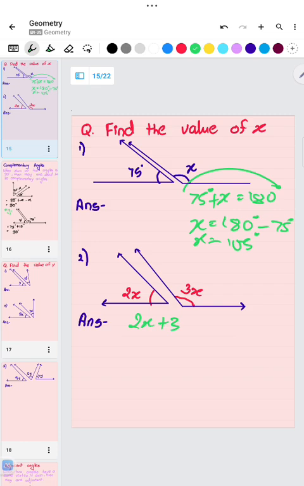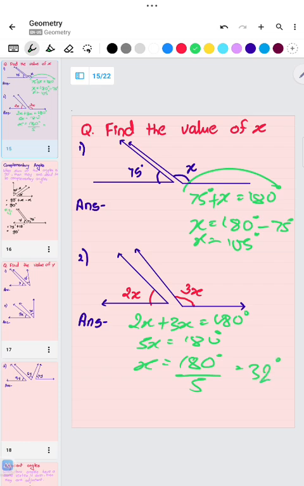Then second question, 2x and 3x. 2x plus 3x is equals to 180 degree. 2x plus 3x, 5x is equals to 180 degree. Then x is equals to 180 degree by 5. Here 5 is multiplying with x. If it goes to right side of equality symbol, then it is in divide. Okay, 180 degree divided by 5, it is 36 degree.